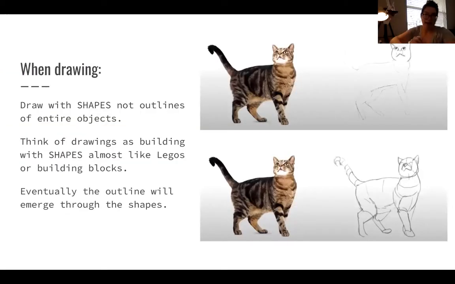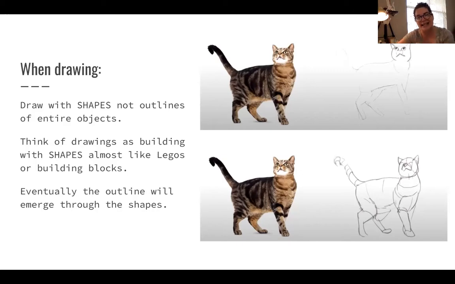So when drawing, this is my number one tip I like to tell beginners, okay? We want to draw with shapes, not outlines of an entire object. So if you take this cat, for example, rather than tracing the outline of it, following the back leg, up around the tail, the curve of the back, up the head, rather than getting that full outline, we want to draw individual shapes.